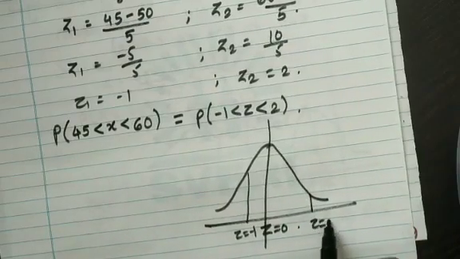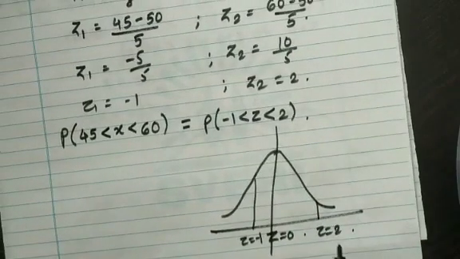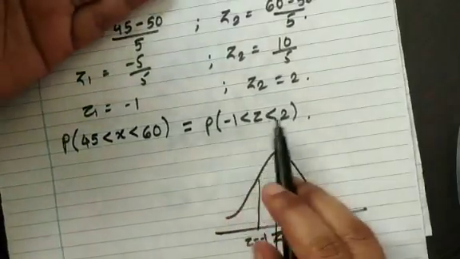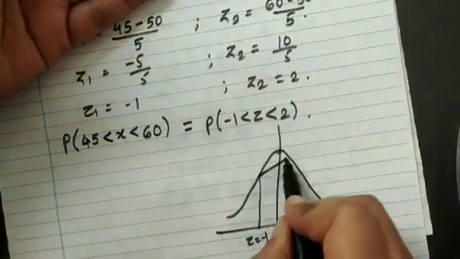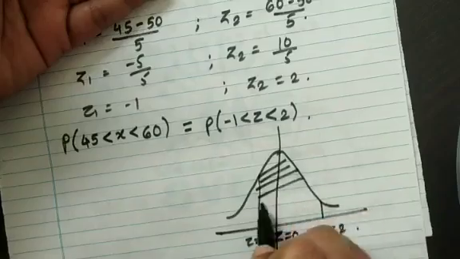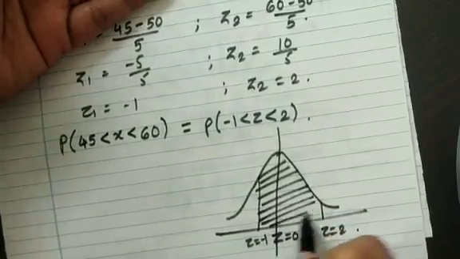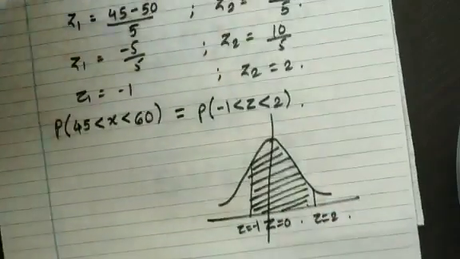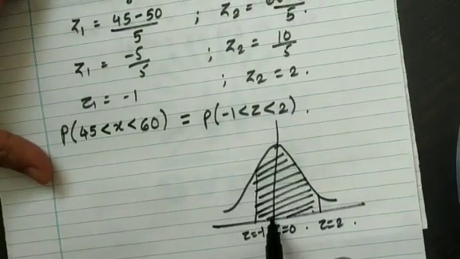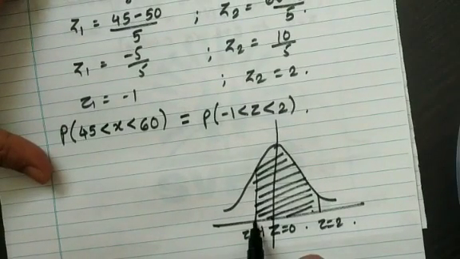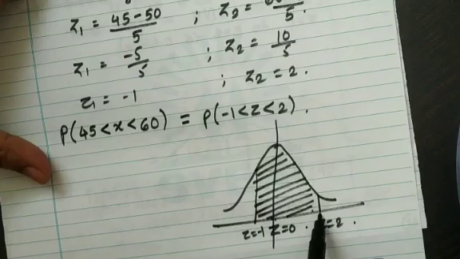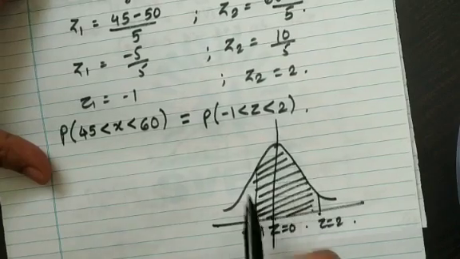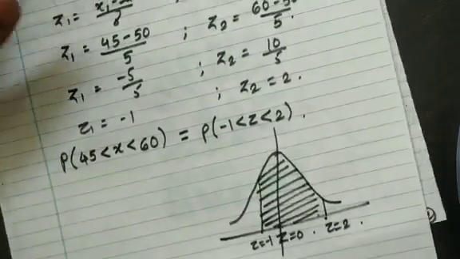Here somewhere z is 2. And we need the area between minus 1 to 2. We'll have to write this answer. And if we know the z is 0 to 1 area and z is 0 to z is 2 area, we can simply add them and we'll get the answer.